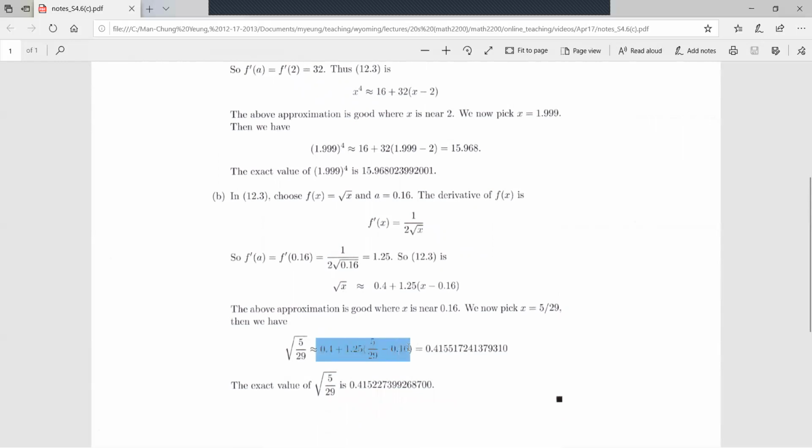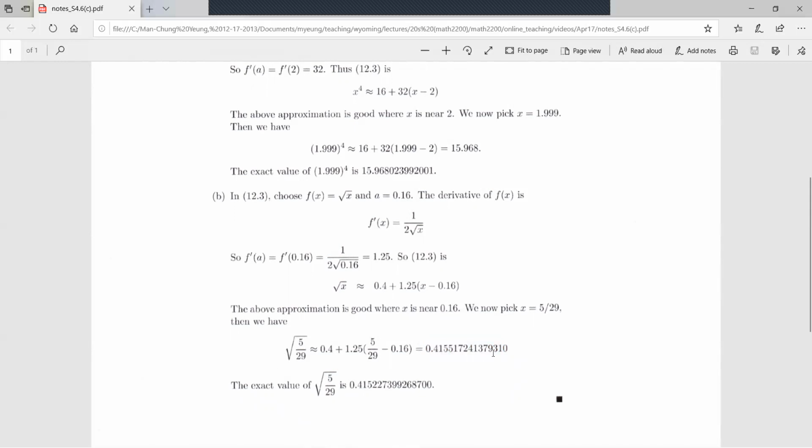Calculator for this sum, then we get this number. This number is from the tangent line. It is an approximation of this quantity.